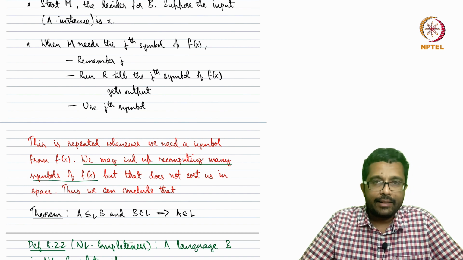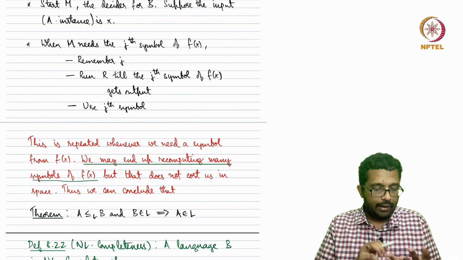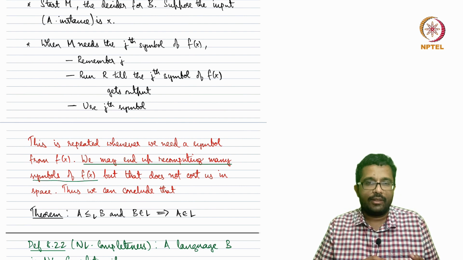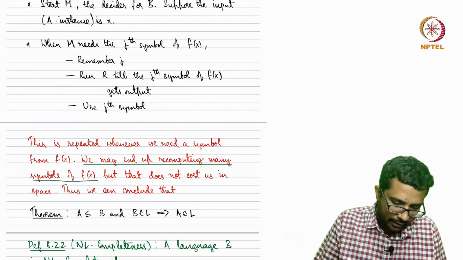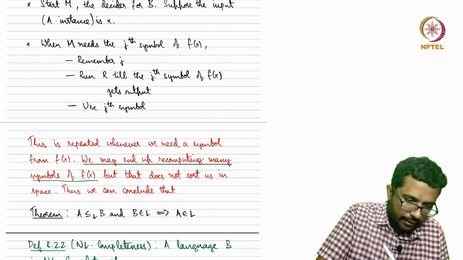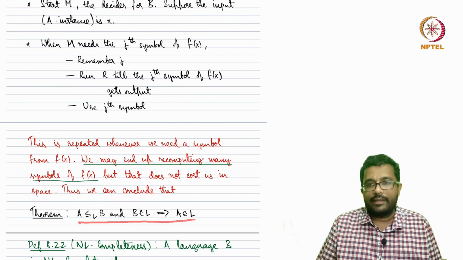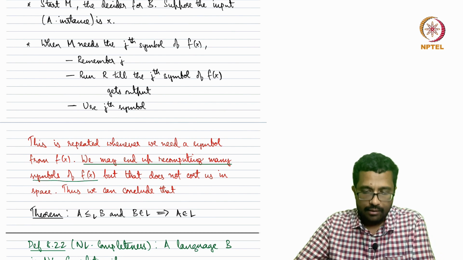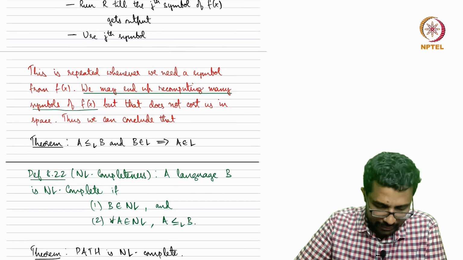Which means we are combining R and M, the reduction from A to B and the decider for B, and we get a decider for A. So that gives us the following result: if A reduces to B in logarithmic space and B can be decided in logarithmic space, then A also can be decided in log space, right?